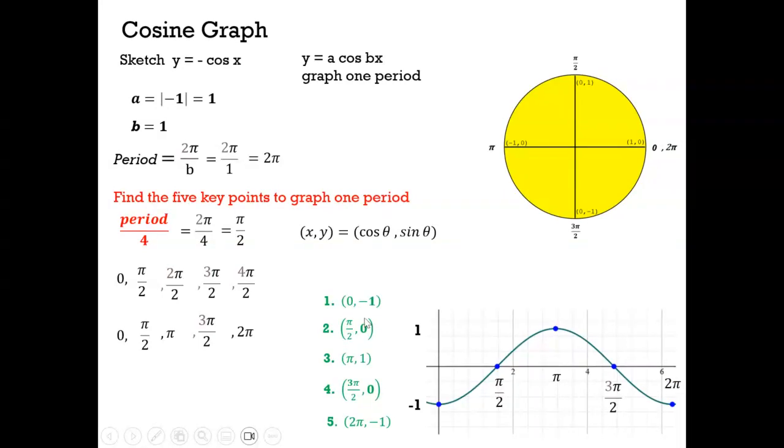My first point is 0, negative 1, right here. My second point is pi over 2, 0, where it crosses the intercept. My third point will be pi, 1. My fourth point is 3 pi over 2, 0. And my fifth point will be 2 pi, negative 1. That's how we graph one period of y equals negative cosine of x.